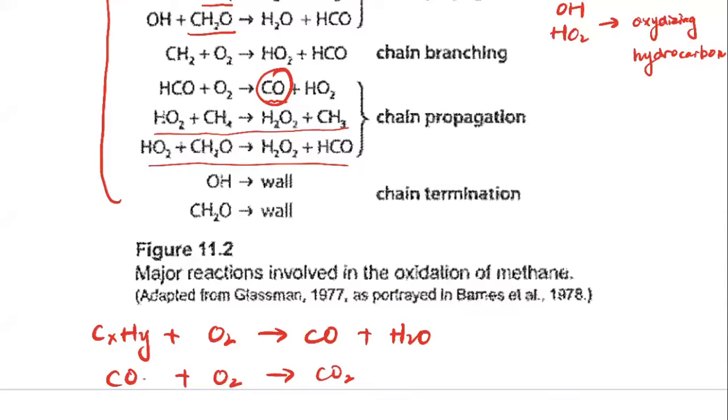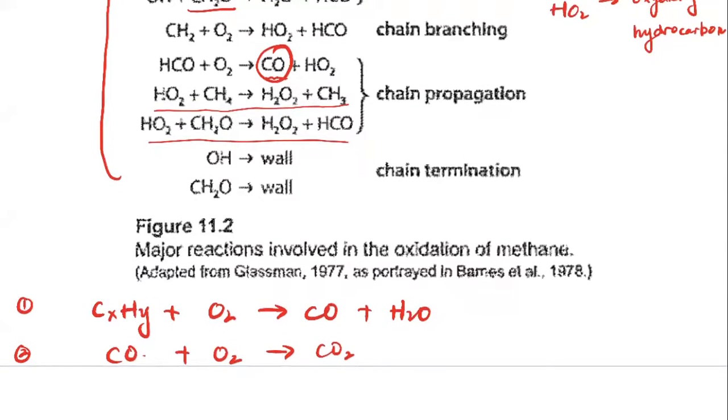Since we make this assumption, we can start to analyze the reaction rate for this oxidation of the hydrocarbon. First, we can add the numbers in front of these reactants and products based on the stoichiometry, right? Based on the stoichiometry, the number in front of the oxygen will be X plus Y divided by 4, and then it's going to form X number of carbon monoxide.